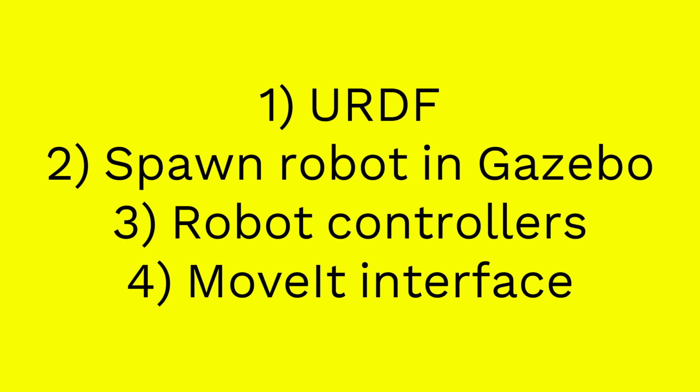Then you need to configure your controllers that allow your controller manager to spawn the controllers for your joints. And finally, you need to create a MoveIt configuration package and make some modifications, especially in the ros_control part of the software. And in this particular case, we have used the joint trajectory controller as the software interface.